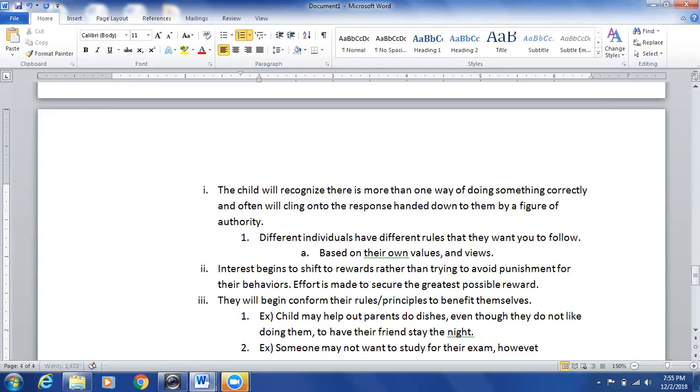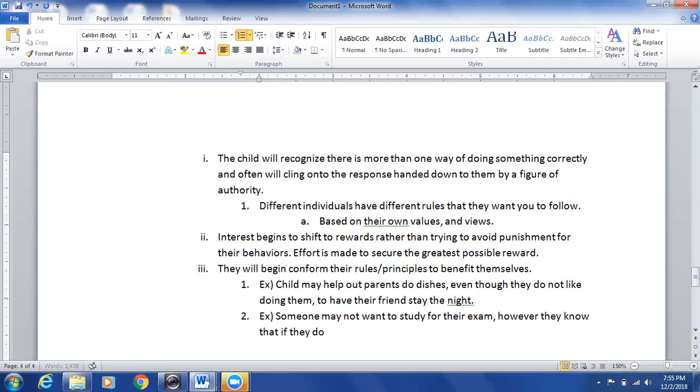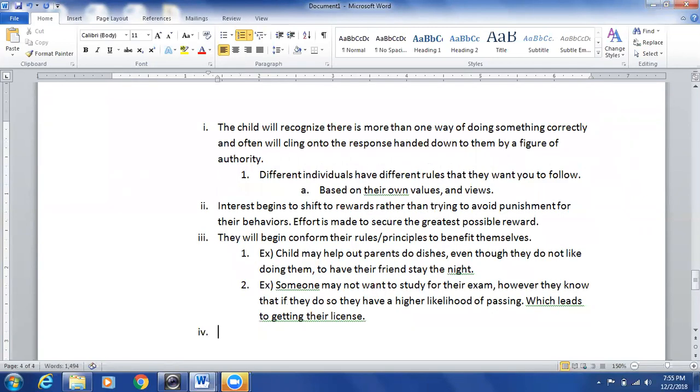However, they know that if they do so, they have a higher likelihood of passing, which leads to getting their license. So they may not want to study for the ASWB exam, but like, man, I need to buckle down if I want to get this license.